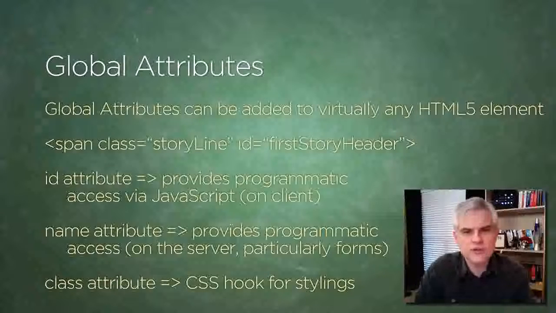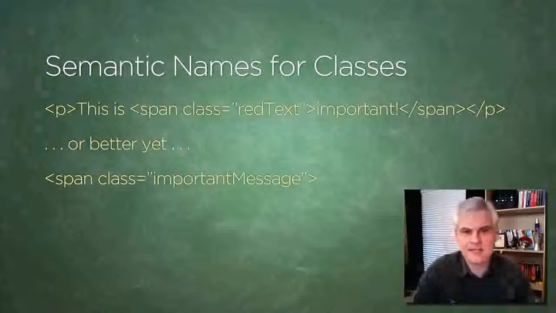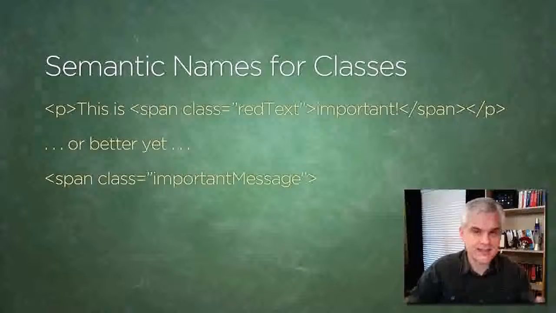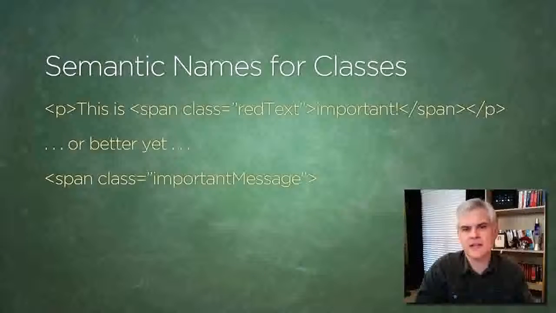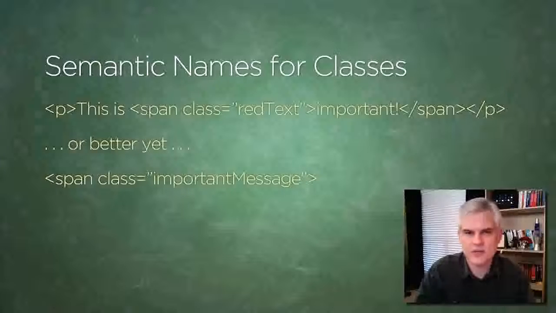Other software could utilize the class attribute for other purposes, but it's a good idea to keep class names semantically correct as well. So you might be tempted to create a class called red text and then create cascading style sheet styles that set the appearance of the font to be red. However, a better idea might be to call it something like important message, then style it with a red font if you wish.